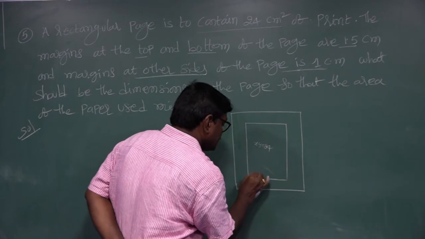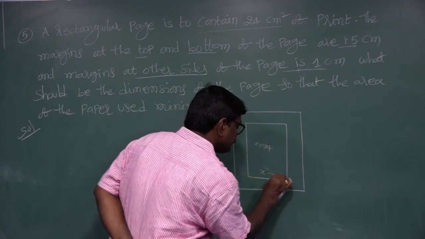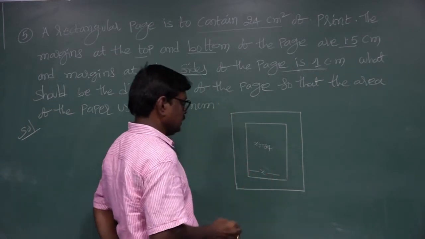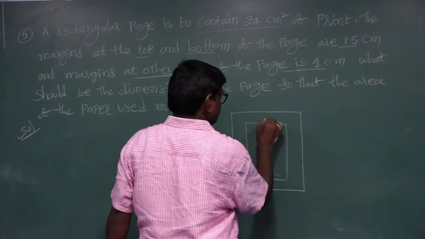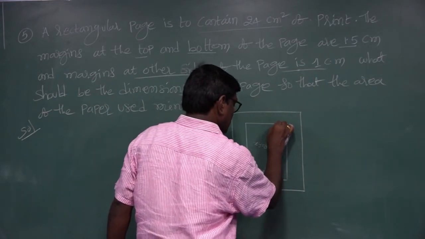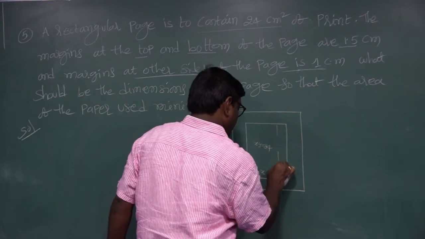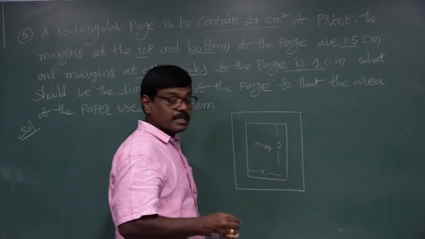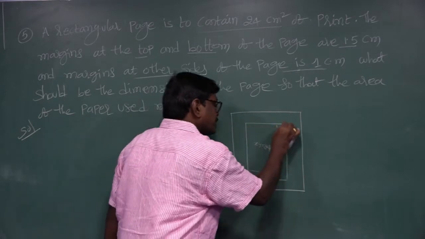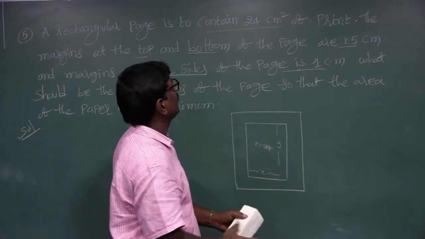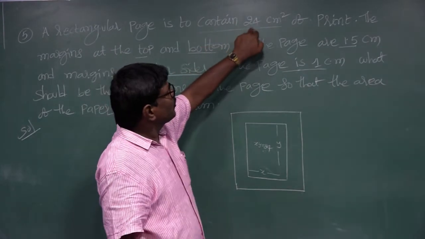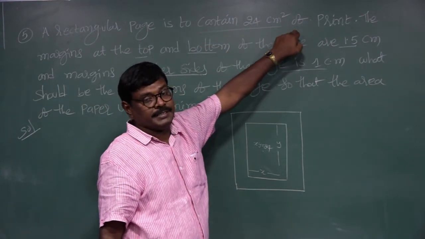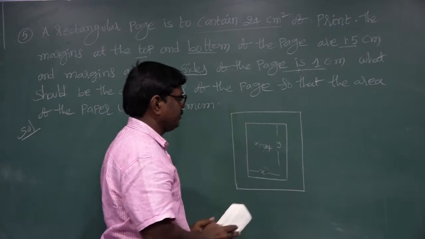This length is x, and this breadth is y. The rectangular page contains 24 square centimeters of print. This is the printed area.